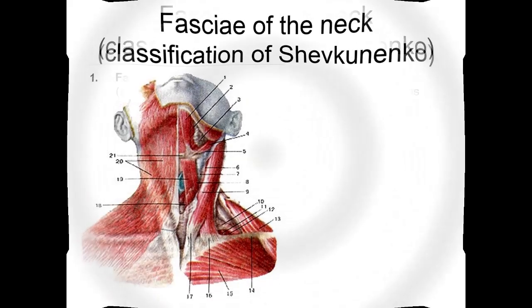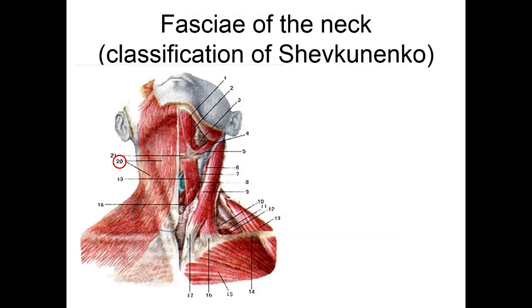So I can demonstrate it on this picture. Number 20 is musculus platysma. Here it is. And the arrow with number 22 demonstrates that musculus platysma is enclosed between fascial sheaths.